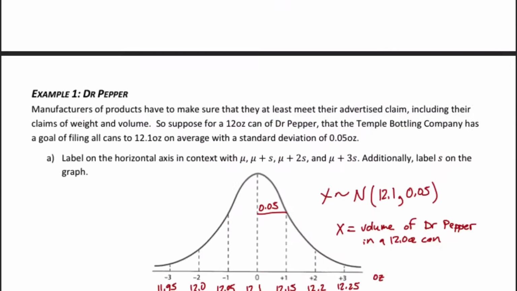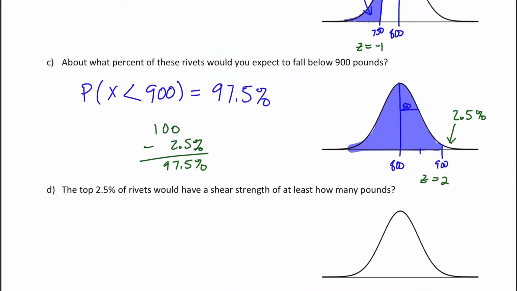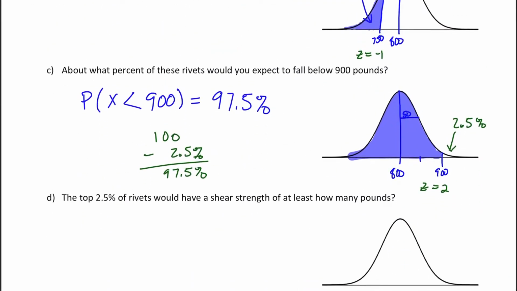So that's what I did. Everything adds up to 100, and I subtracted 2.5 away from it, and we end up with 97.5. Now you could have figured out that the middle 95% is 95%, and then this last little bit is 2.5%, and added those up, and you would still end up with 97.5%.